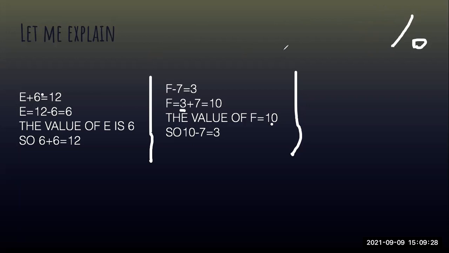I'm just writing D for division. And this sign means multiplication. Right? So I'm going for the multiplication sum.